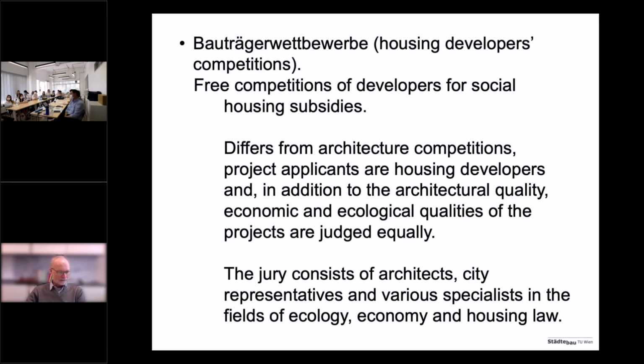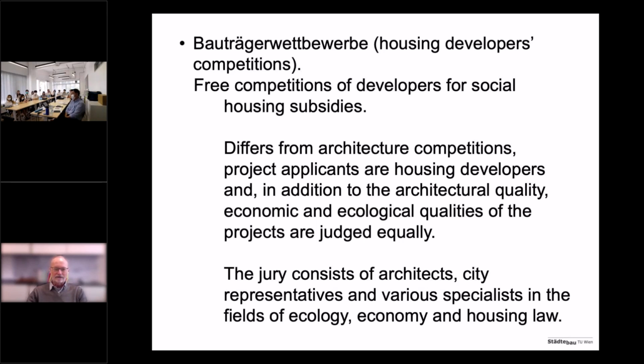I just want to show a couple of social housing projects that have been built recently, and to explain a little bit the process, how we develop these kinds of competitions. Because what changed in the 80s was that we didn't do just architectural competitions anymore. The city of Vienna started to change into a system of housing developers competitions, where architects and developers together apply with a project into a competition.